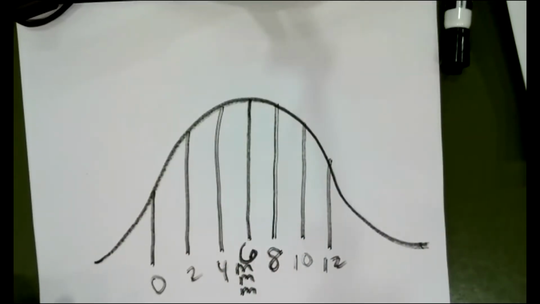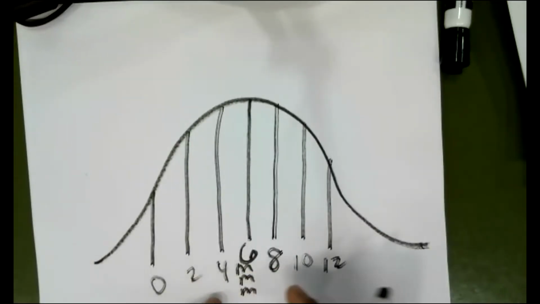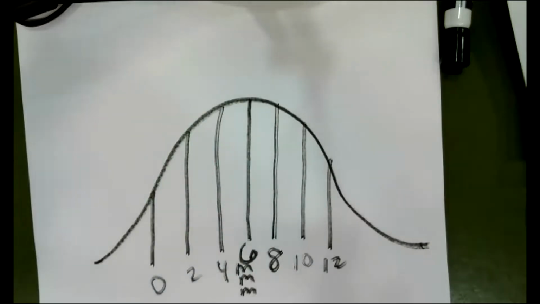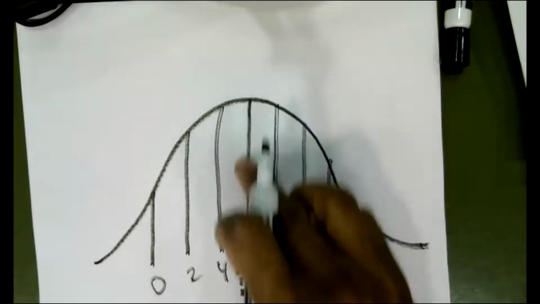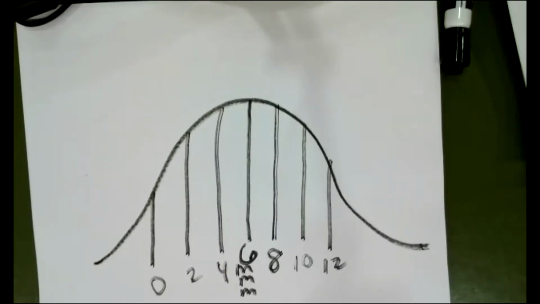Okay. Now, with the bell-shaped curve, in order for it to have a bell shape, we notice that we need to have a certain amount of data between 4 to 6, 6 to 8, 8 to 10, 10 to 12. And we notice that there's less data in each one of these, I'm going to call it bars, but in reality, it's a histogram, but I'm just going to call it within each bar.